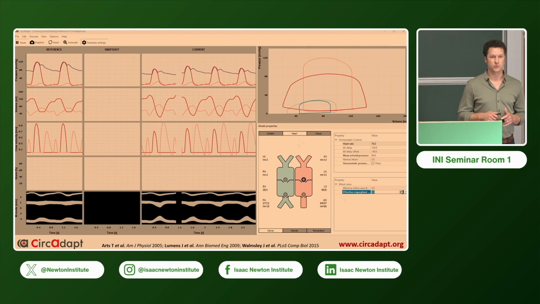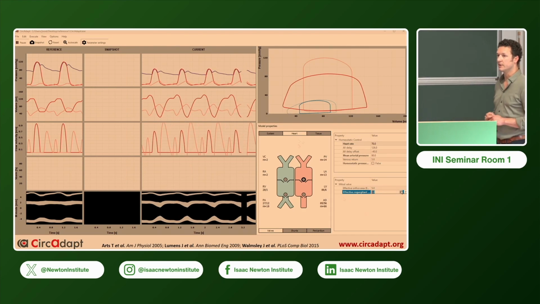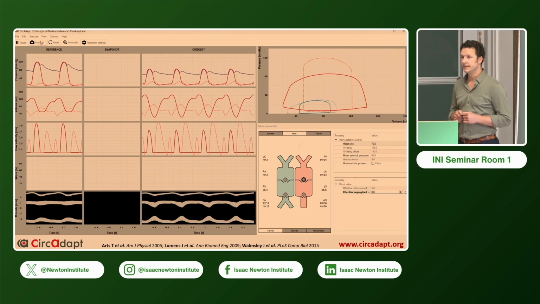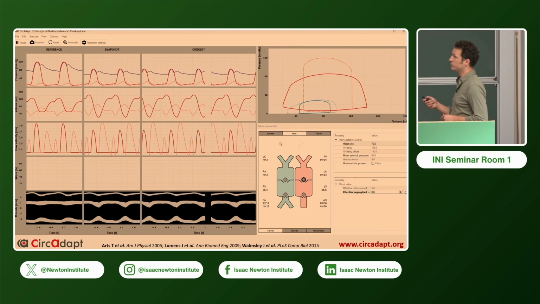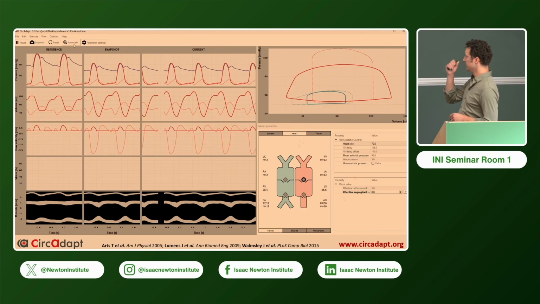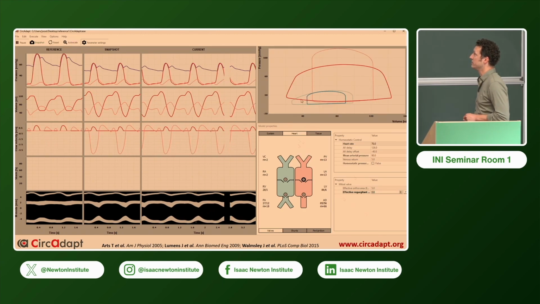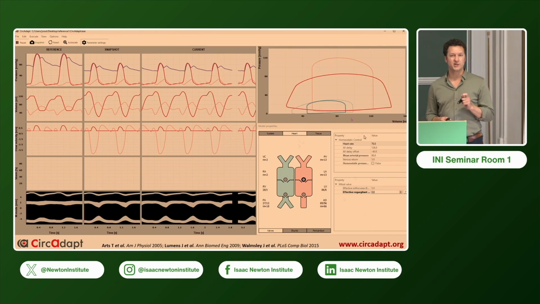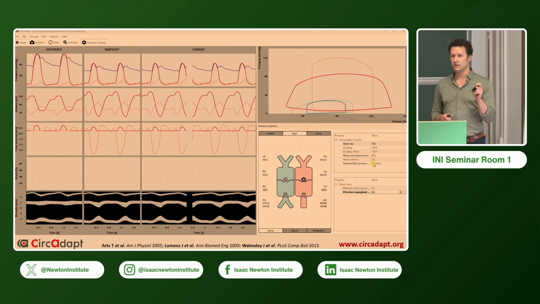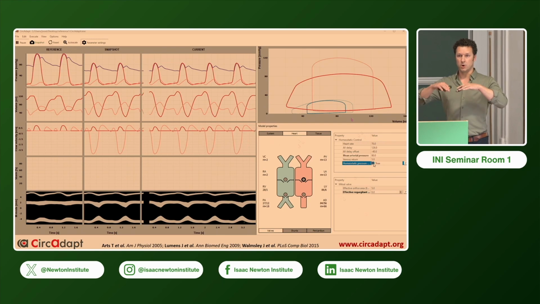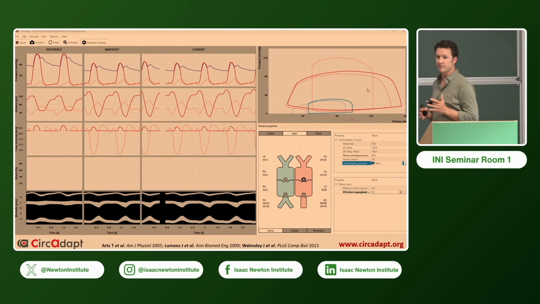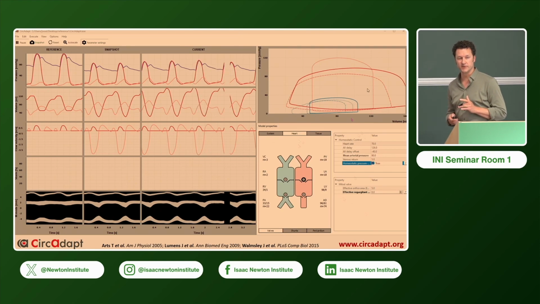You can create your own virtual patients and learn about pressures, flow velocities across valves, and also strain patterns, not shown here. This is a quick simulation of a leaky mitral valve. The most important thing for teaching physiology is that you can couple and uncouple the homeostatic control to that failing pump. That is really important for teaching physiology.